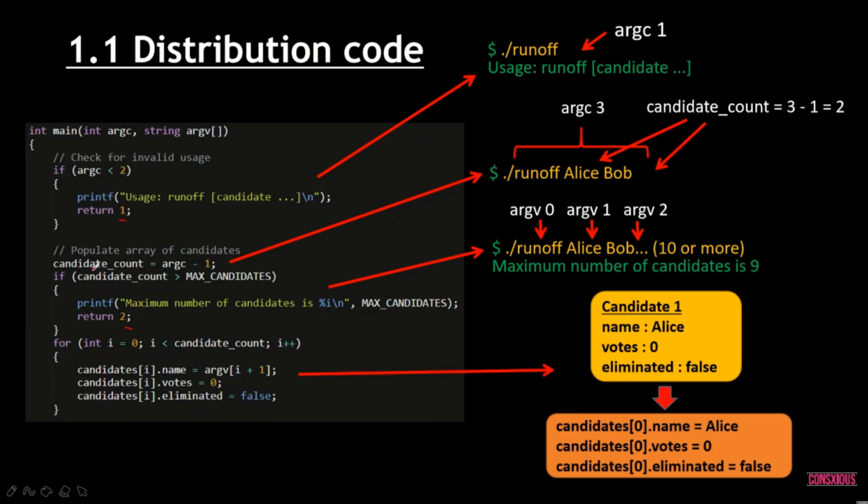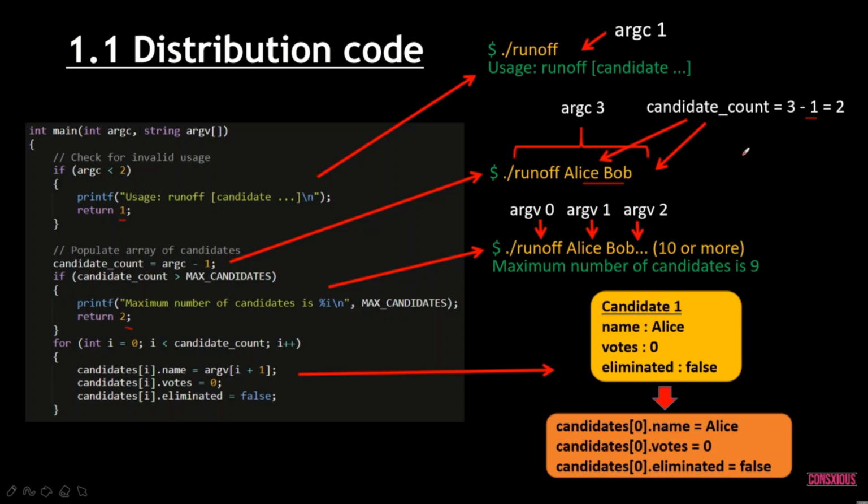So next we're going to go through populating the array of candidates. So candidate_count equals argc - 1. Basically, it means that when you type ./runoff Alice Bob, these 3 terms are argc 3. So to find the number of candidates, we just subtract 1, argc - 1.